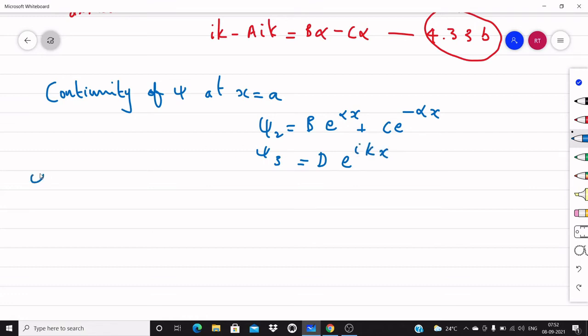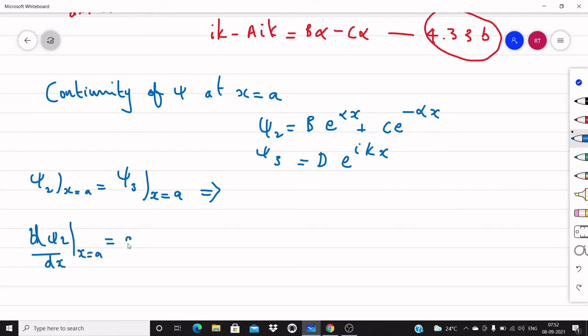First of all, psi 2 at x equal to a is equal to psi 3 at x equal to a, and also d psi 2 by dx at x equal to a is equal to d psi 3 by dx at x equal to a.